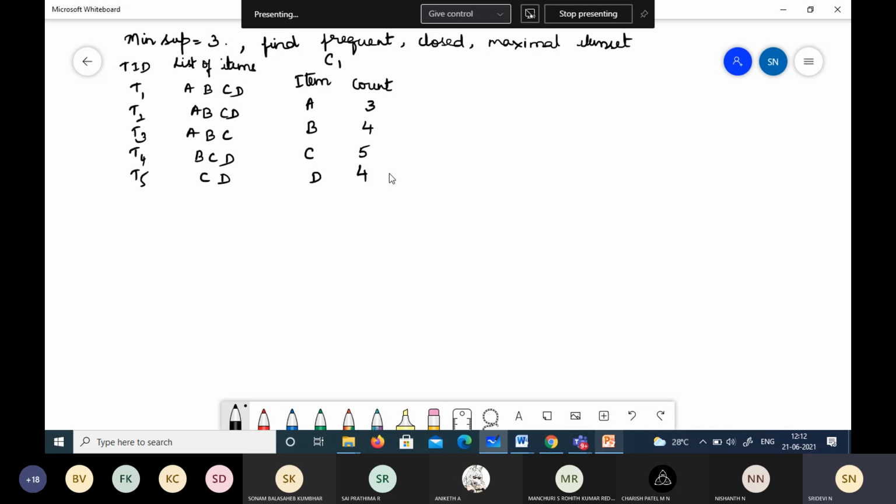Okay. Now, in this, are any items being pruned? Can we prune any item or can we keep all the items here? The support count is 3. Is it necessary to prune any item, or can we have all the items here?